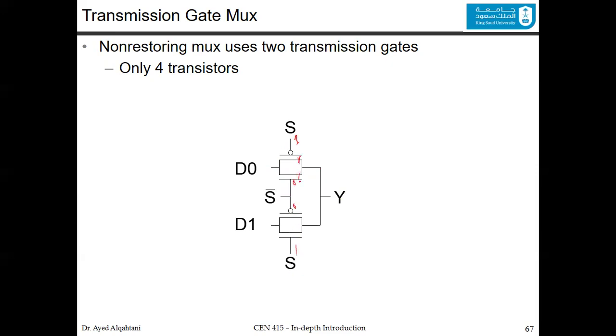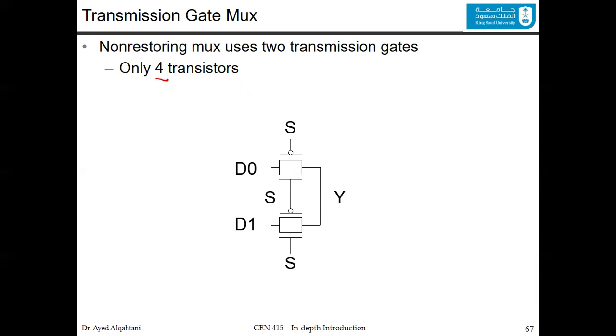This will be off now, and this will be on, and D1 is chosen to be in the output. And this is basically a multiplexer. We did a 2-to-1 multiplexer with only 4 transistors compared to 20 in the previous slide.